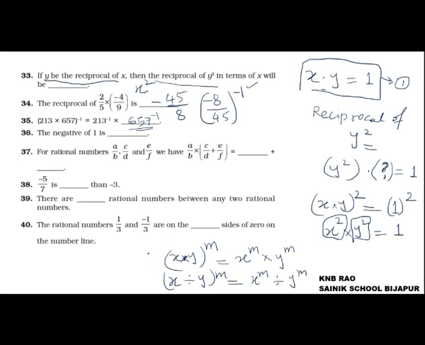So having this knowledge, you can solve question number 35. Next, 36. Negative of 1 is minus 1. Next, question number 37. I'll keep a 2-3 seconds pause.